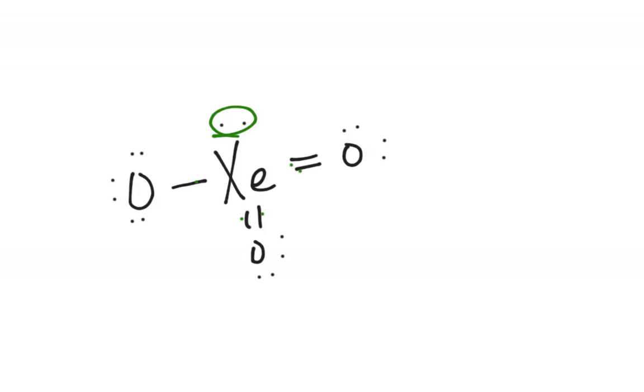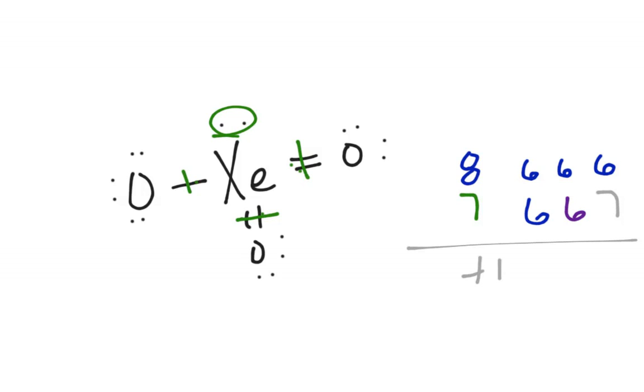And if I look at this now, my valence electrons, my formal charge, I've got 2, 4, 5, 6, 7, 6, 6, and 7. So this is a positive 1 and a negative 1. So this is by far my best option.